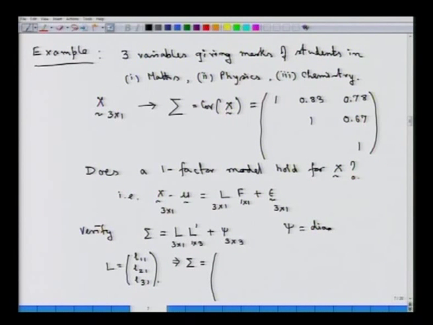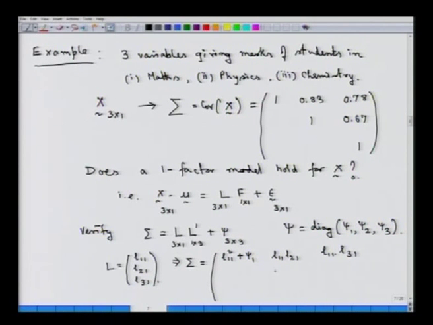This psi is a diagonal matrix with entries psi 1, psi 2 and psi 3, and thus we write L11 squared. Looking at L transpose, this gives L11 squared plus the element coming from the psi matrix, psi 1. The second entry is L11 times L21. The third entry is L11 times L31.